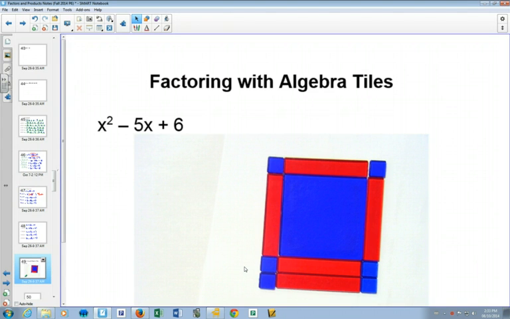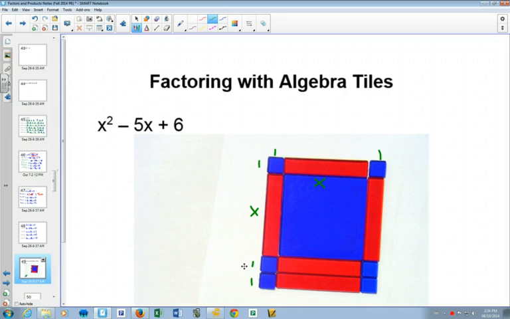What we might notice is this rectangle has a length and a width. This length is x, and these lengths are 1. So it's x and 1 and 1. Now, when positives get multiplied by positives, you should get positive tiles.